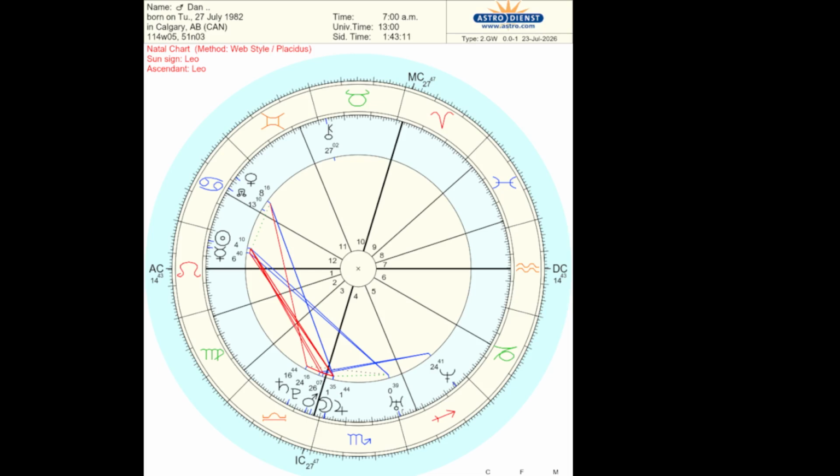So one thing that's kind of interesting about your chart is that just a little bit after you were born, Mars and Pluto went from Libra to Scorpio. When a planet goes from one sign to another, we call that an ingress. So Mars and Pluto are right toward the end of Libra in your chart. Pluto especially is a very, very slow moving planet, right?